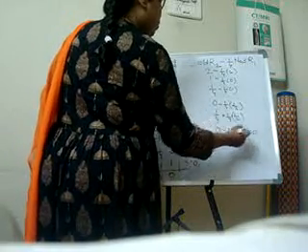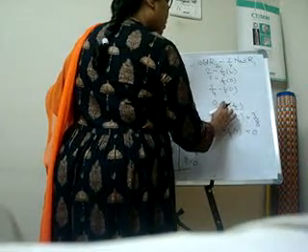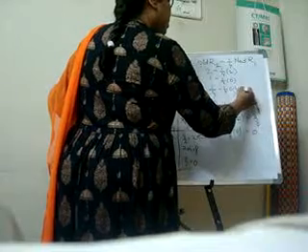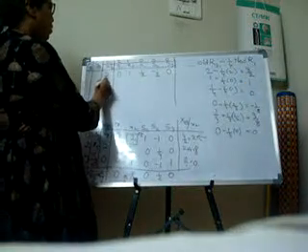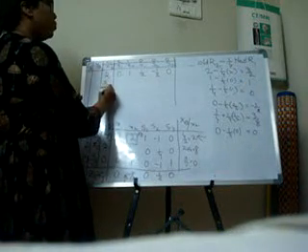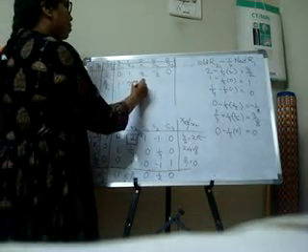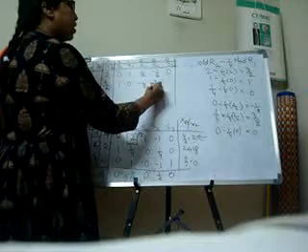This is 0 and this will be 3 by 8, and here it is minus 1 by 8, here it is 0, here it is 1, and here it is 3 by 2. So 3 by 2, 1, 0, minus 1 by 8, 3 by 8 and 0.